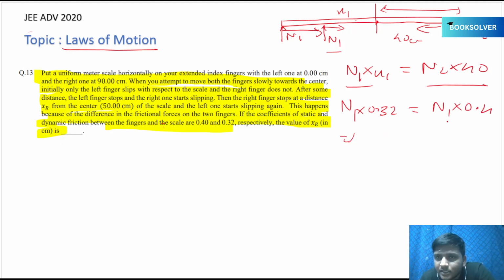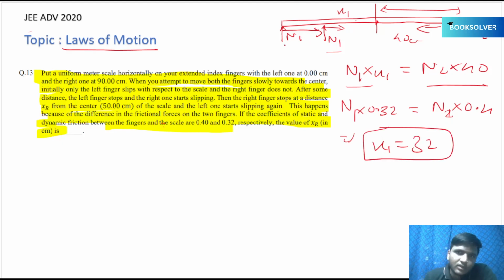From this relation, if you divide, you will get x1 is equal to 32. It means when the left finger was moving and then stopped, it is at 32 centimeters away from the center of mass.